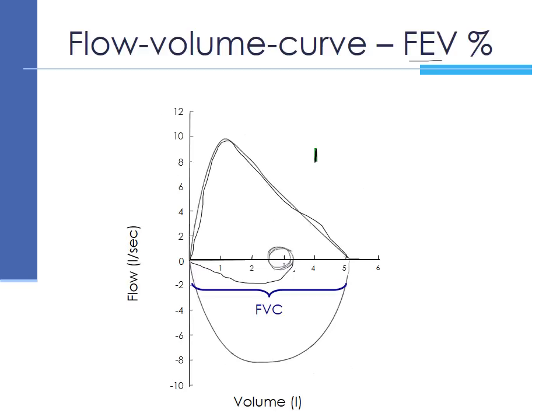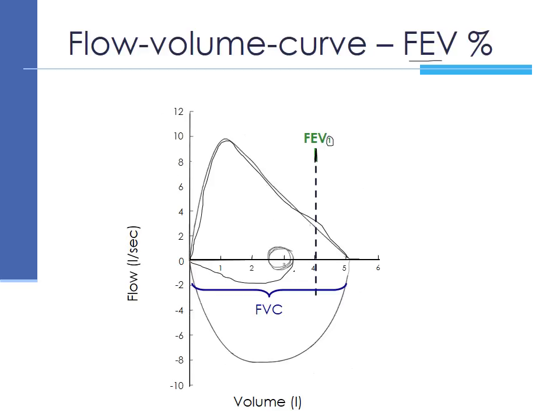That mark is referred to as the FEV1. So FEV1 stands for the forced expiratory volume after 1 second. Basically, FEV1 tells us how much air is being exhaled after 1 second of exhalation.